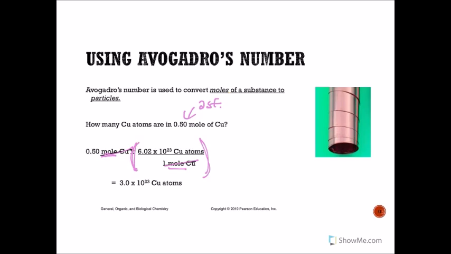Whenever we have a number that's given to us as a standard, we don't need to take it into account for significant figures. So we don't look to Avogadro's number. We don't say, okay, well, that's 3 significant figures. If our number in the question had 4 significant figures, and Avogadro's number has 3, we wouldn't use those 3 significant figures to figure out what our final significant figures needs to be. We only ever use the numbers in our question.